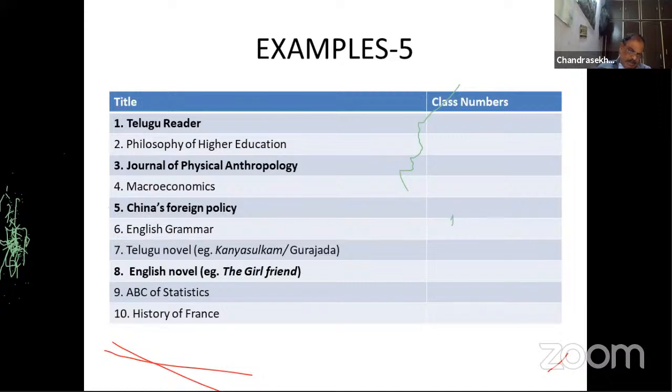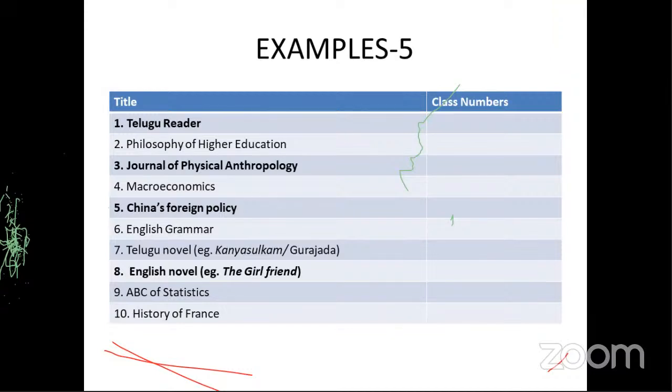Anthropology. Physical anthropology, 599.9. So that is why always be careful about this. Physical anthropology is different from social anthropology. When it is 300, it is social anthropology. Yes, sir. So physical anthropology 599.9.